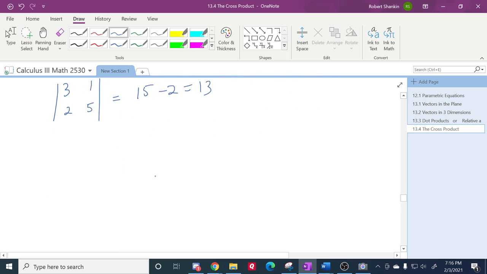All right, now let's expand 3 by 3 matrices. The determinant of a 3 by 3 matrix is more nuanced.